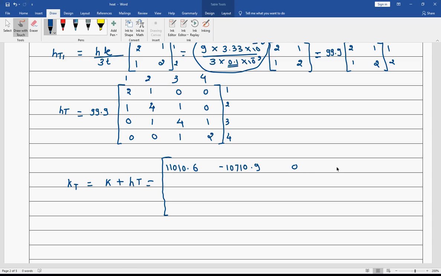Okay, 0, 0, then this will be minus 10710.9. So this will be 2 times 22.21.2 minus 10710.9. This will be 0.